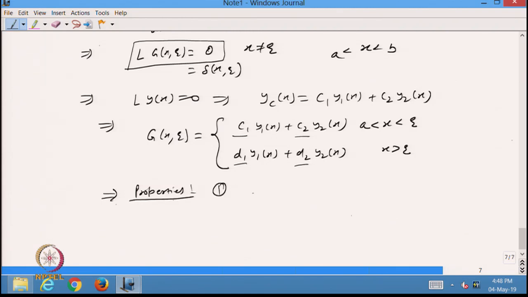The first property is that the Green function g(x, xi) is continuous at x equal to xi.